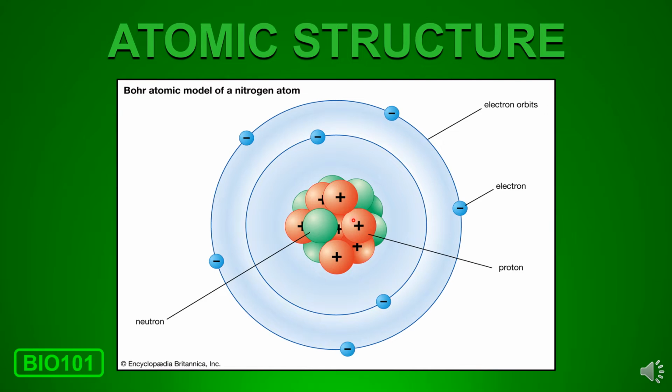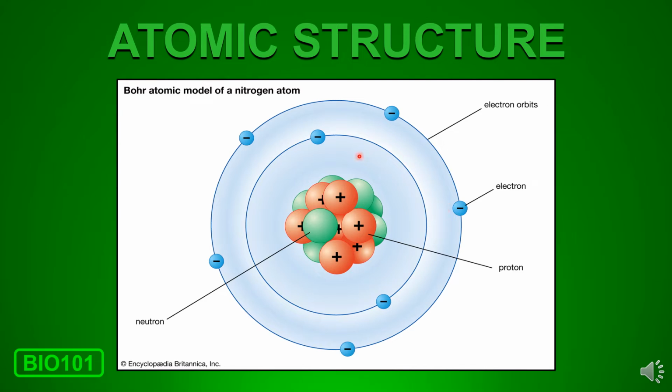Okay, but we're just seeing it here in 2 dimensions. So here's the nucleus composed of your protons with their little positive charges and the neutrons with their zero charge, right? No electrical charge on neutrons, and they're neutral. And together they bind together to form what we call the nucleus.